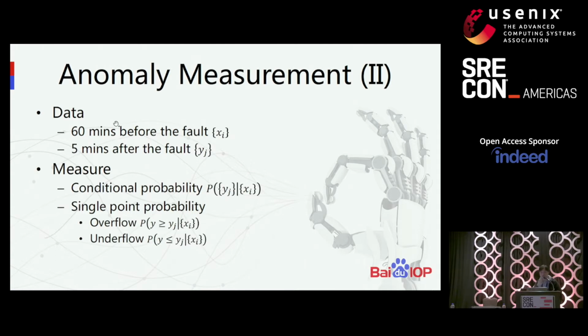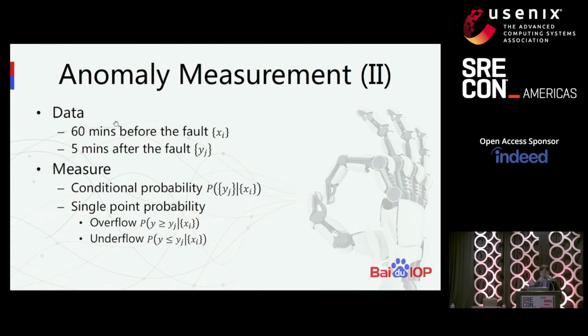And then we need to find a way to actually measure this anomaly, and we take the idea of conditional probability here. The idea is that we want to compute the probability that, given the xi points, which is the data before the fault, we observe the yj points, which refers to the data after the fault.